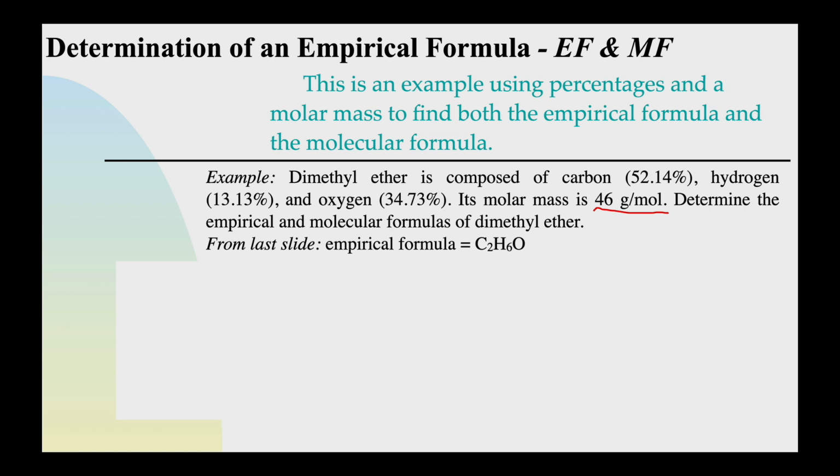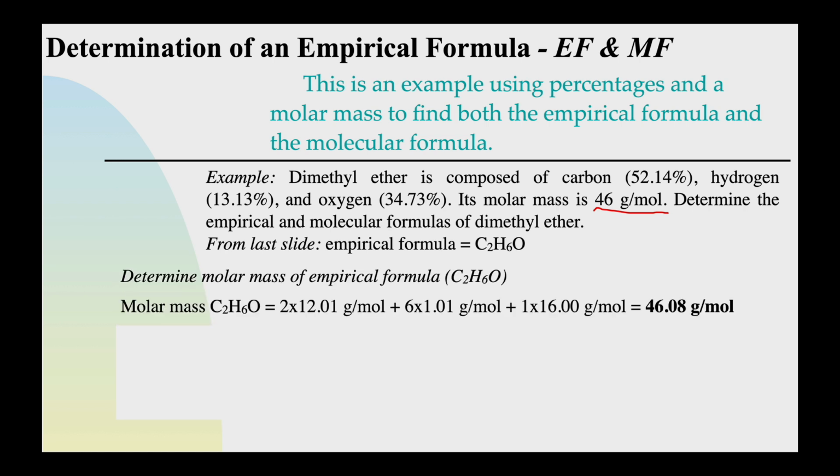That times the empirical formula will equal the molecular formula. So let's find the molar mass first. This thing is C2H6O, so there are 2 carbons, 6 hydrogens, and 1 oxygen, and this number comes out to 46.08. But wait, the molar mass of the whole thing is 46 grams per mole, not as many sig figs.